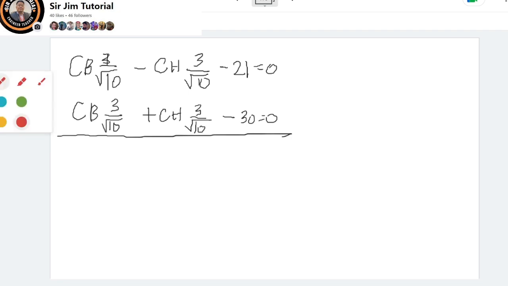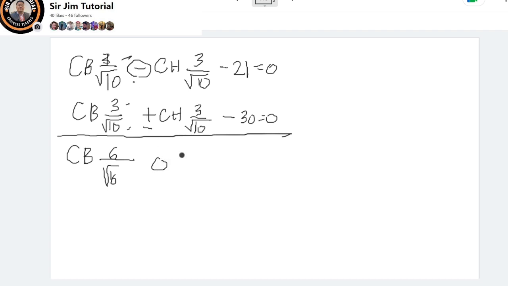Now, let us just add this one. This is CB, just copy CB, and then you have the same denominator, so just write the square root of 10, and then 3 and 3 becomes 6. Take note, you have here negative and this one positive, so that becomes 0. Then you have your minus and minus the same, so 21 and 30 becomes 51 equals 0. Then put it on the right side: CB 6 over square root of 10 is equal to 51.